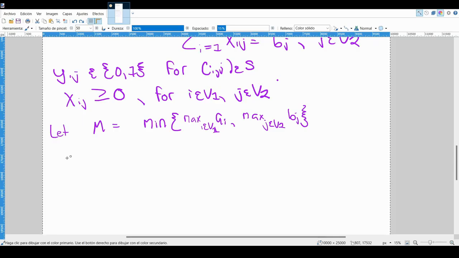And we are going to say that the specific amount shipped from production center I to market J can never exceed this value, m times yij. So in other words, we're saying that one specific quantity shipped can never exceed the minimum of either the maximum supply or the maximum demand. And that is the final restriction that we need to have.